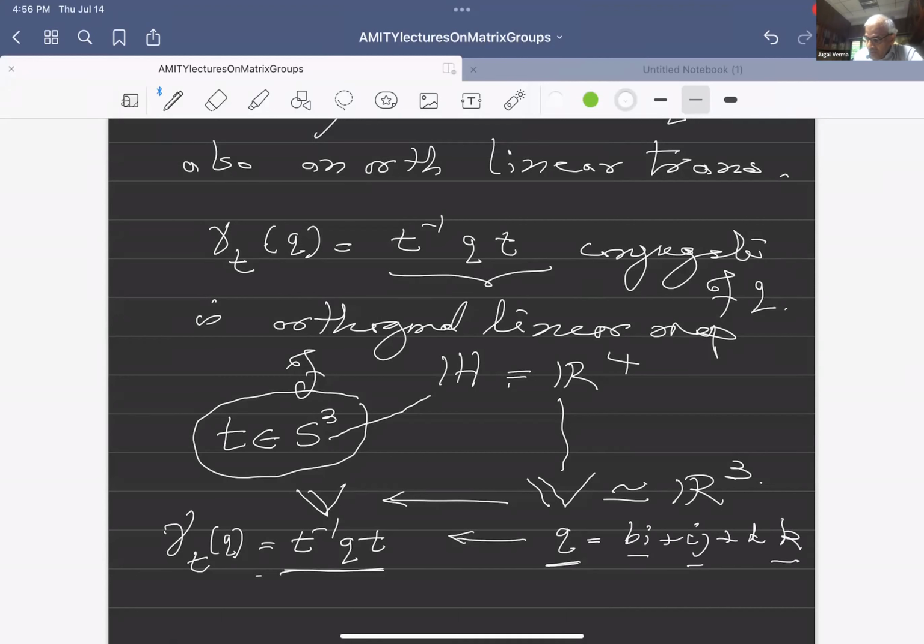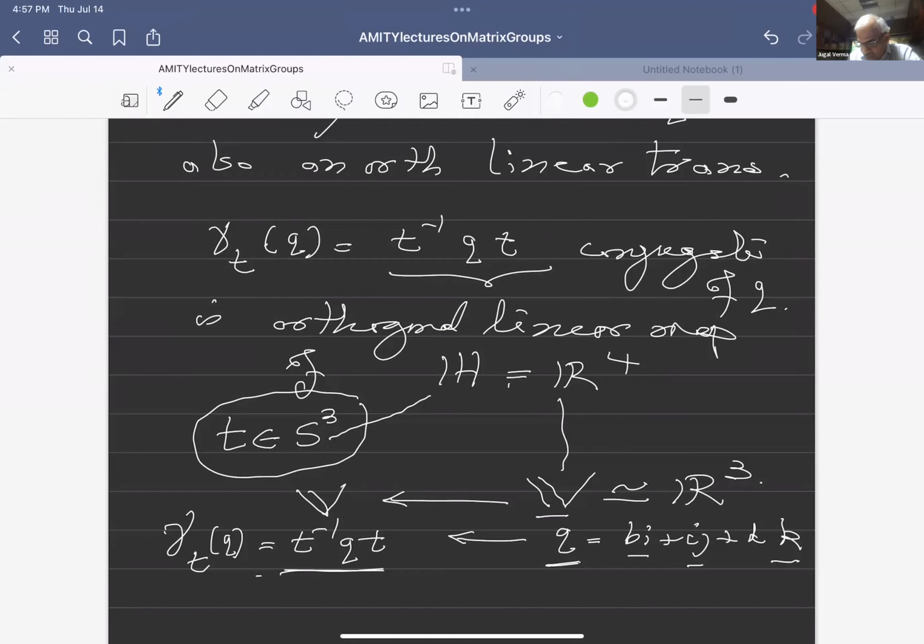So you can think of this imaginary quaternion like a matrix, and then T inverse QT is a conjugate of this matrix. So I am doing a conjugation action on SU2, taking quaternions of unit length. But this is a linear transformation from the space of imaginary quaternions.